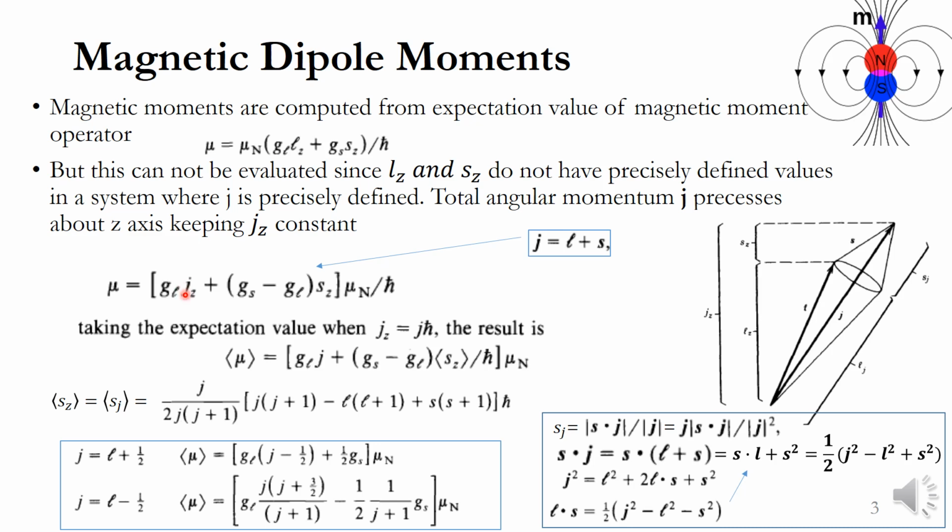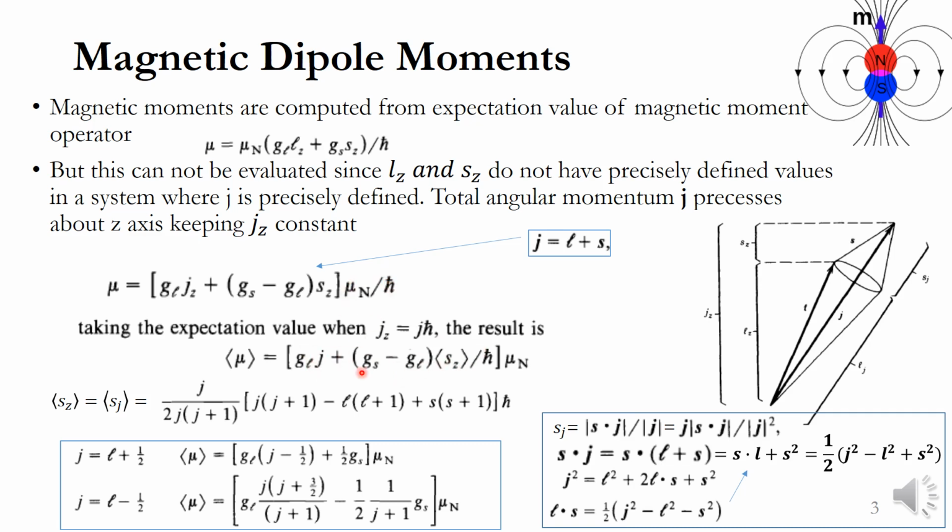The expectation value of μ will be equal to gL into J, since the expectation value of Jz, the z component of J, will be J into ħ.